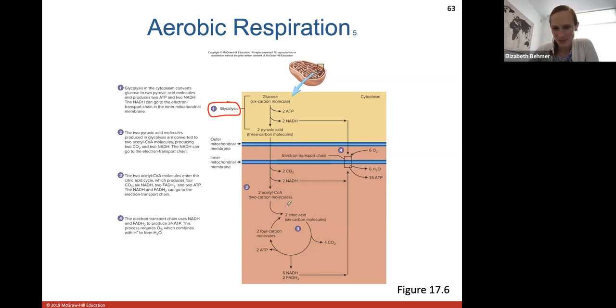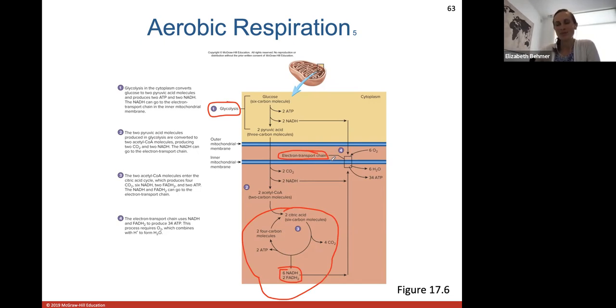The 2 acetyl-CoA molecules then enter the citric acid cycle, which is kind of this circular mechanism of many chemical reactions. And then the electron transport carriers will take their electrons to the electron transport chain, which is the final step. And the electron transport chain is what uses those electrons to produce the most ATP. And that's what occurs in this inner mitochondria.